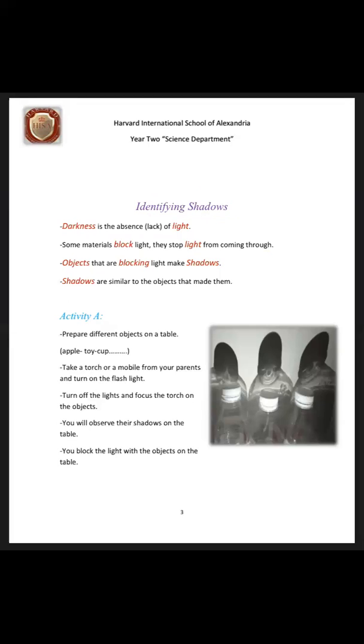Activity A. You can get any materials you have at home. You prepare different objects on a table, for example, an apple, a toy, a cup, anything you want. Take a torch or a mobile from your parents and turn the flashlights on. Okay?